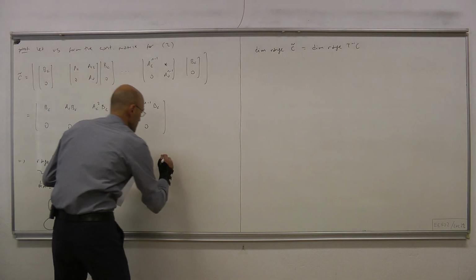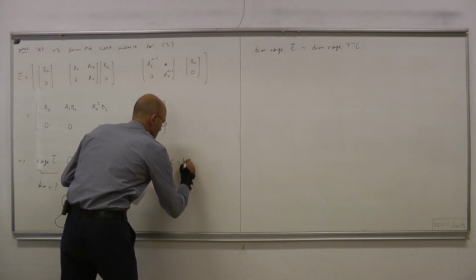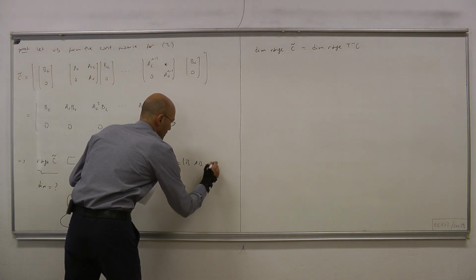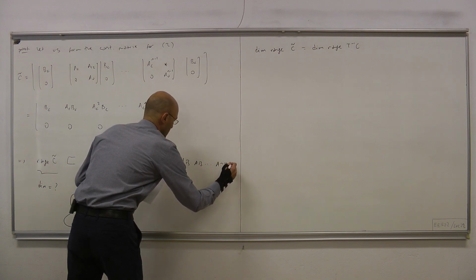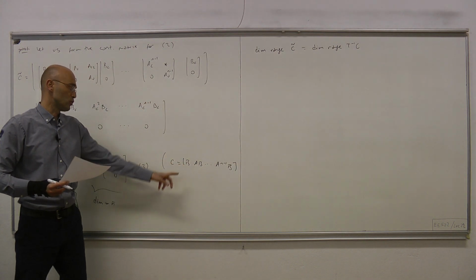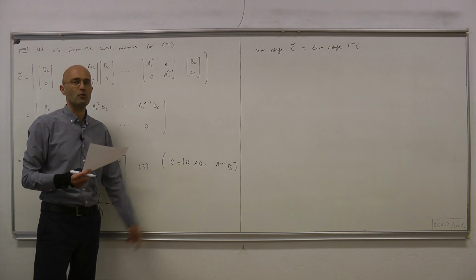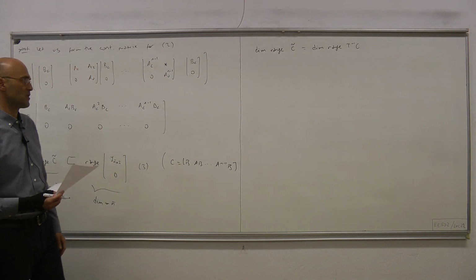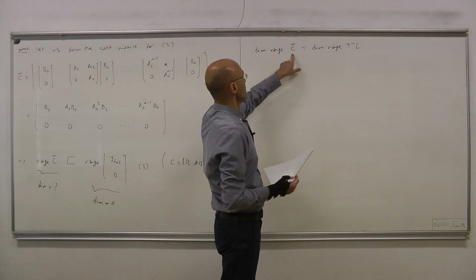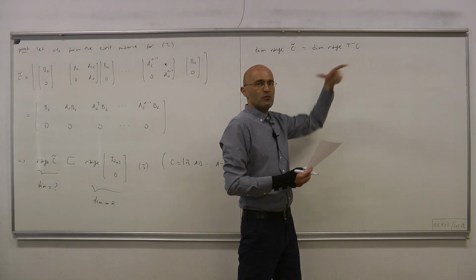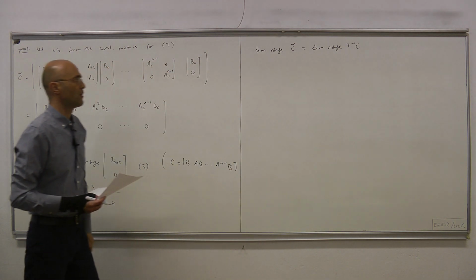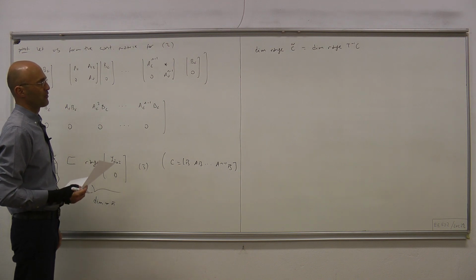So C is B, AB, up to A^(n-1) B. That's the controllability matrix of the original system, the original representation. The reason is that C tilde equals T inverse times C. That relation we also derived in our previous lecture.